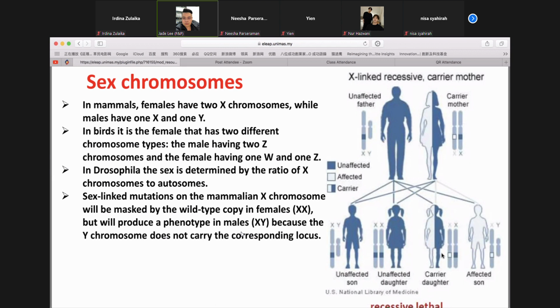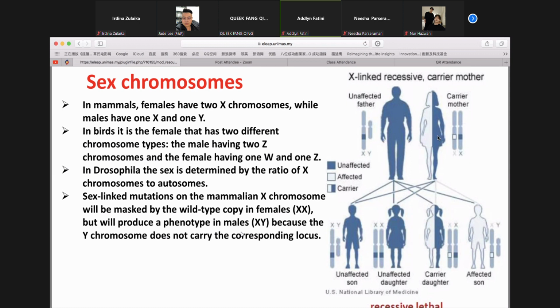Dia tidak menunjukkan phenotype dia. Dan kalau lelaki yang dapat X yang normal daripada mak dia dan Y daripada bapak dia memang unaffected. X yang dapat daripada mak dia sempurna, tidak ada kesan.